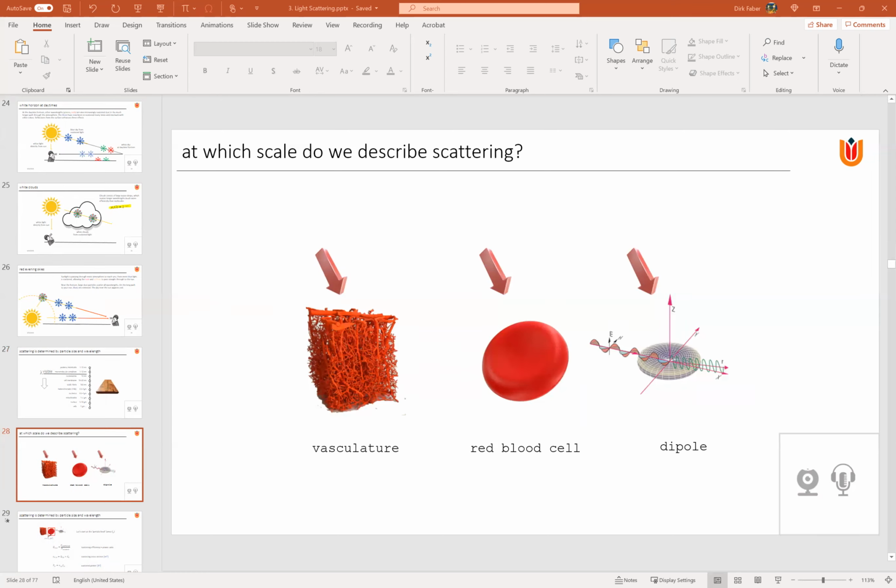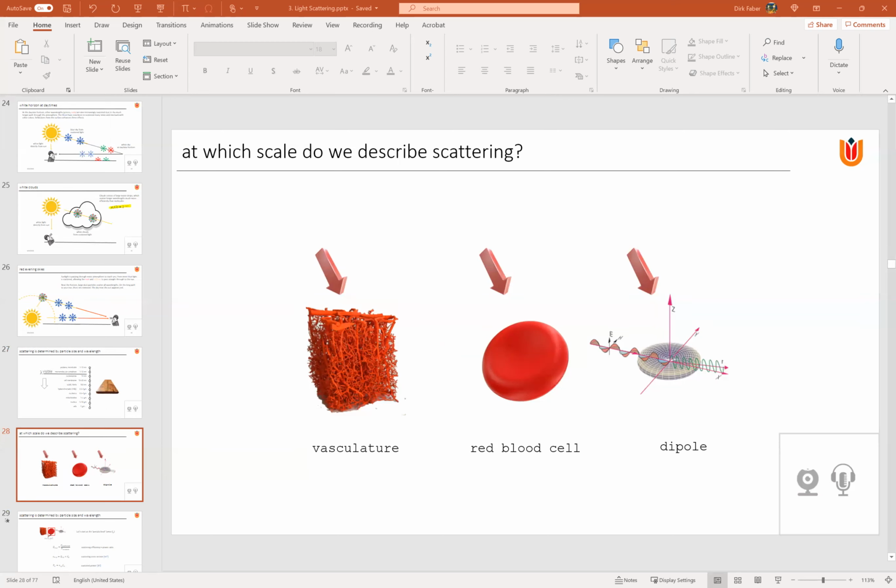So from big to small, you could do a measurement where you shine a broad beam of light on a larger piece of tissue, and we get a response. That would be a response from the vasculature, for example. A much more microscopic, maybe even intravascular way of looking at responses would measure the red blood cell. But ultimately, physically, if you break it down, then you would be looking at single dipoles.